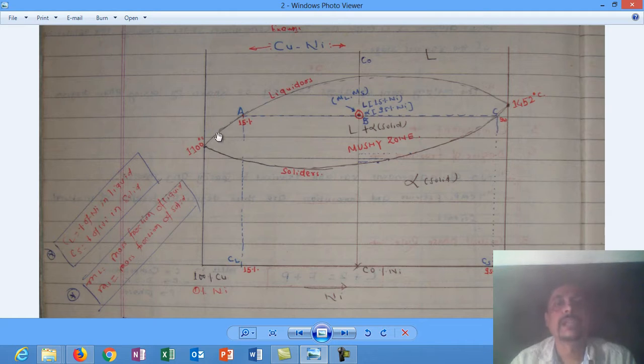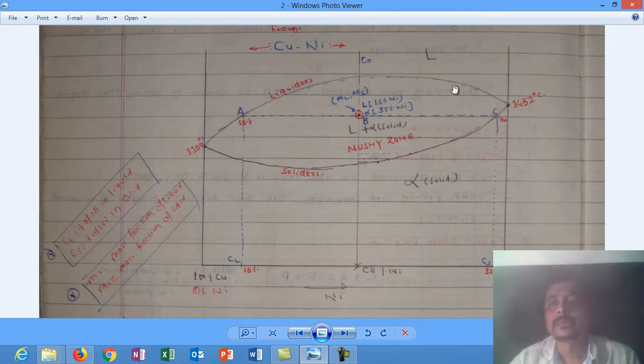Third point: this is the phase diagram of copper nickel alloys. Since this is the melting point of copper and this is the melting point of nickel, above this curve the mixture, this alloy, will be completely in liquid form.